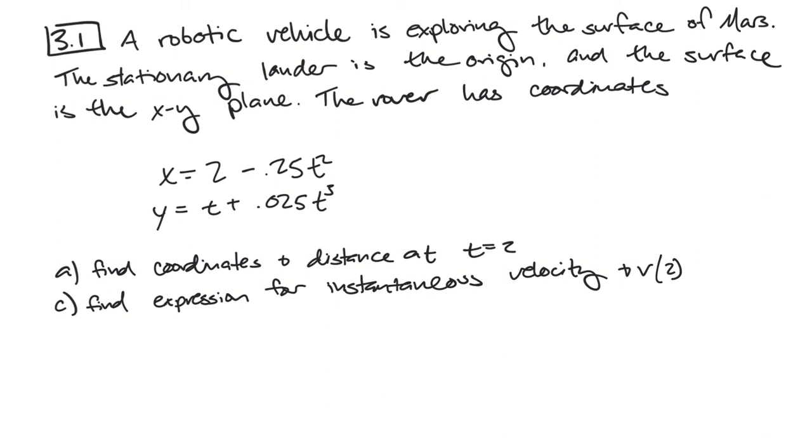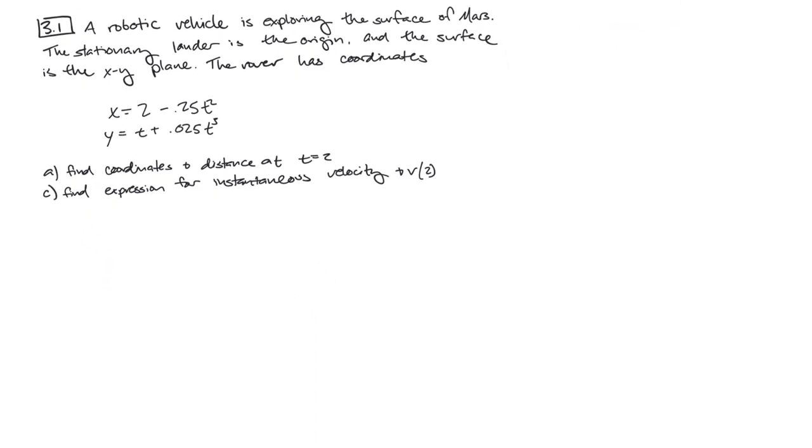So I'm going to make this a little bit smaller real quickly. There it goes. And we're going to do part A. Part A says find coordinates and distance at time equals 2. This isn't too bad. You just got to plug 2 in to each of those functions. X equals 2 minus 0.25 t squared equals 2 minus 0.25 times 2 squared, which is 4, so that ends up being 2 minus 1. Your x is 1 meter.